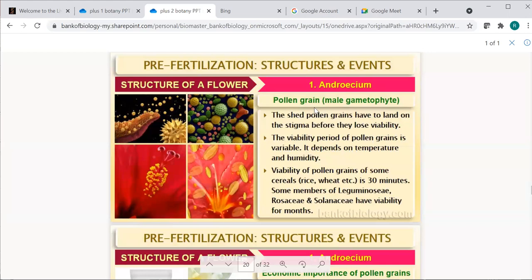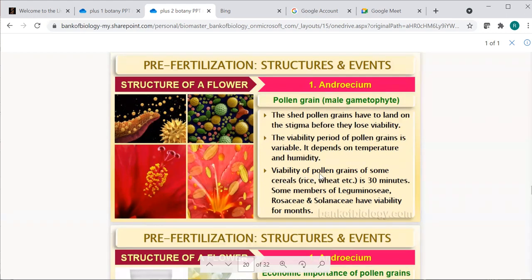The shed pollen grains have to land on the stigma before they lose their viability. The viability period of pollen grain is variable. It depends on temperature and humidity. Viability means the time period for which the pollen remains viable after being shed.